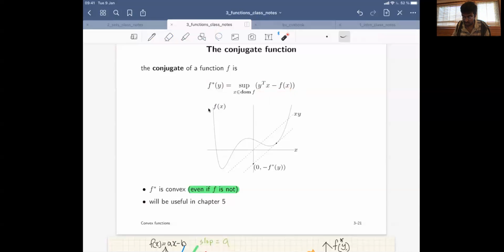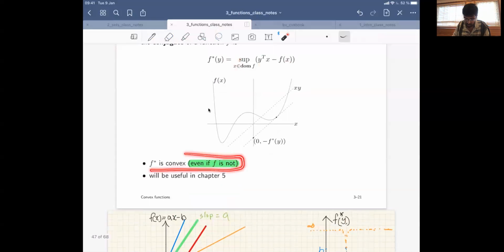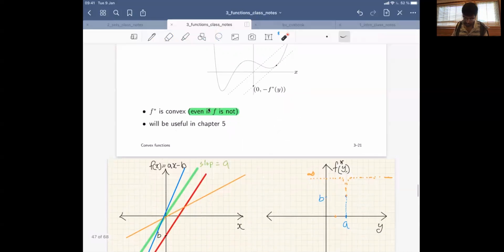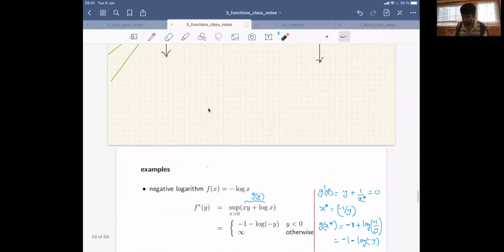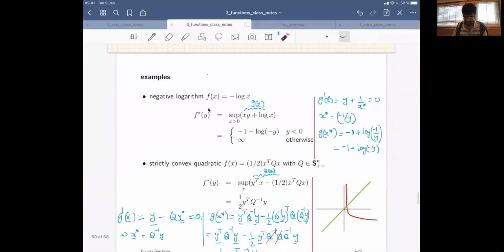So in variable y, this is an affine function. Then this is taking the supremum of such affine functions, which will be convex. So that is the important point. f star will be convex even if f is not. Okay. So the conjugate function of a non-convex function will also be convex.